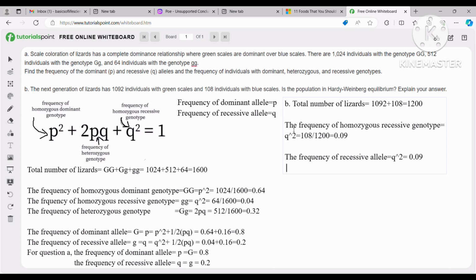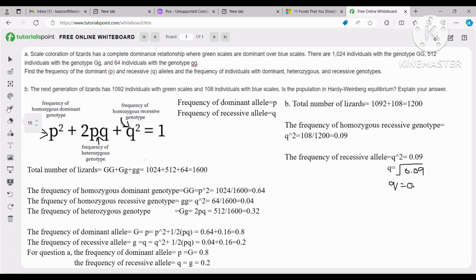Using this frequency, you can calculate the frequency of the recessive allele. The frequency of the recessive allele, q, is equal to the root of 0.09. Now, the root of 0.09 is equal to 0.3.